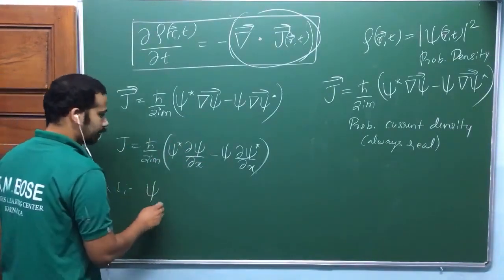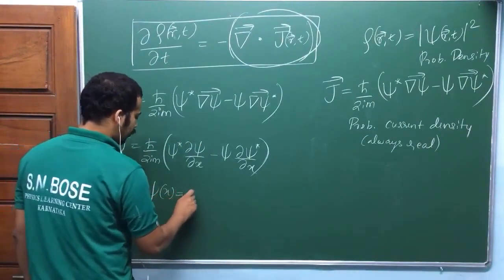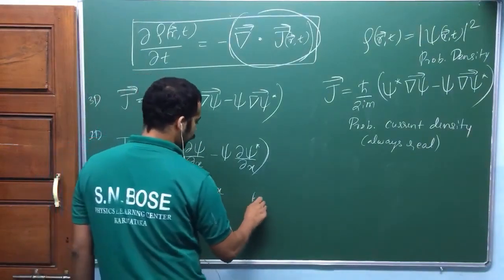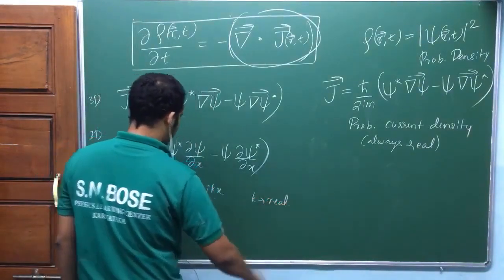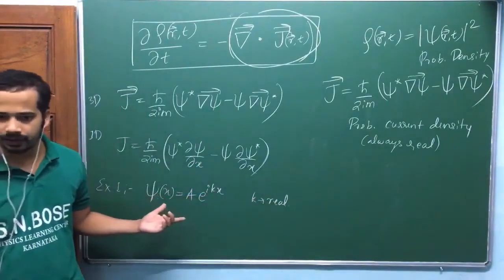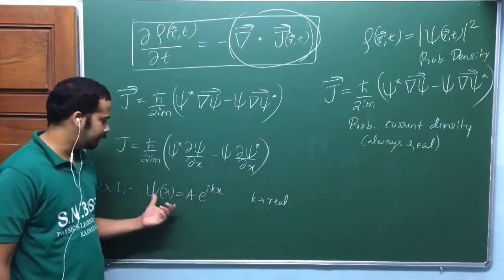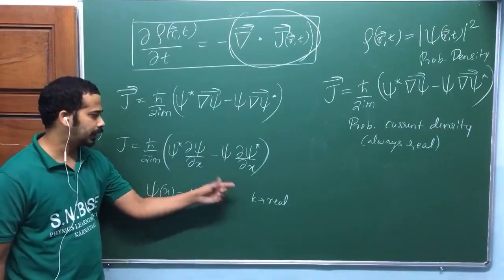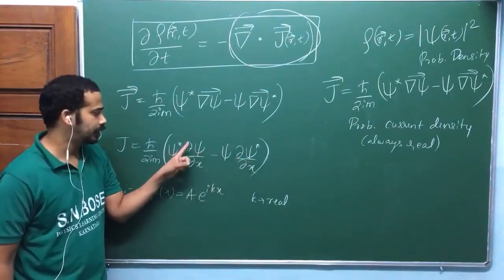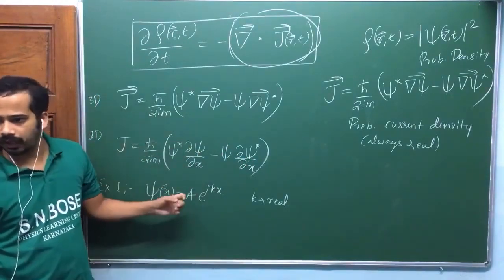So let me take our free particle state, psi of x is equal to a e power ikx, where k is real, remember. Or you can take kx minus omega t. If you need a time dependent wave function, you can take kx minus omega t also. But let me take this one, because that e power i omega t part will not affect, because you have psi star into psi but the derivative is with respect to x. The time part will go to one side. I hope you got that idea.